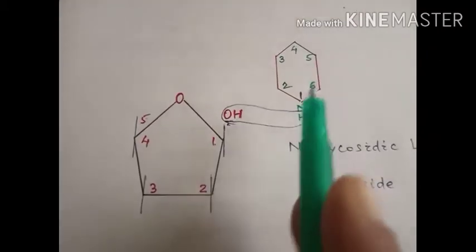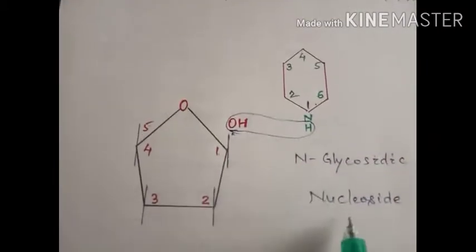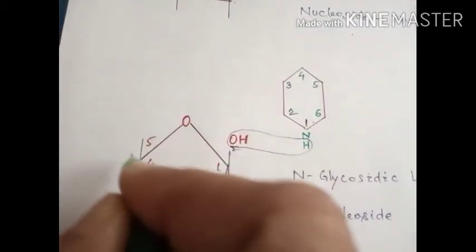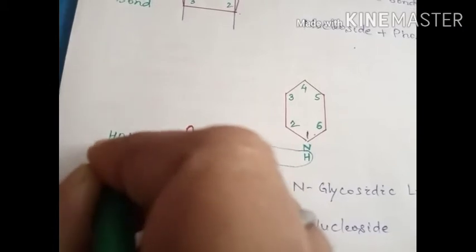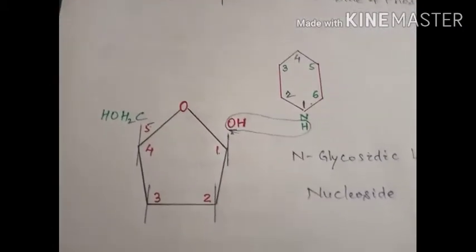Just like in the case of a pyrimidine ring also, where we have formed a nucleoside, we have to write here at the 5th position CH2OH, that is the functional group for the pentose sugar at 5 prime position, and we will write here the phosphate group, phosphoric acid, P double bond O, OH, OH, OH.